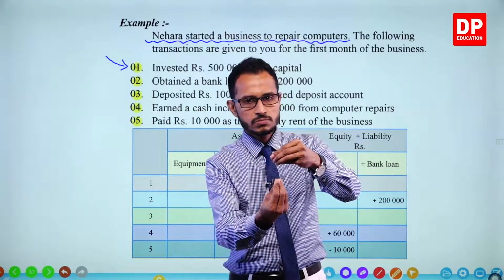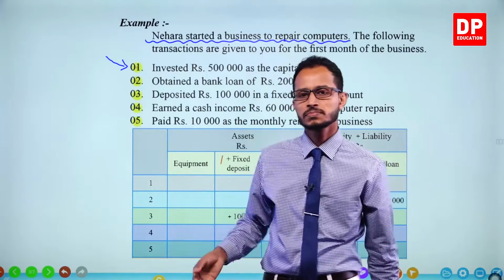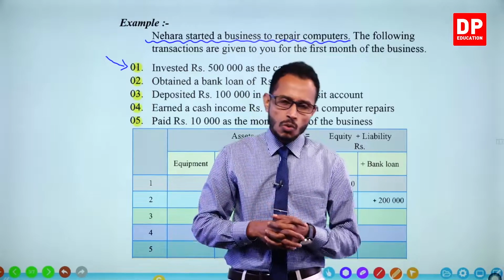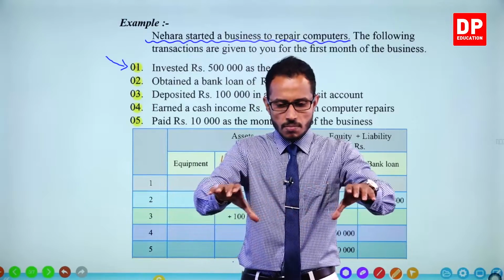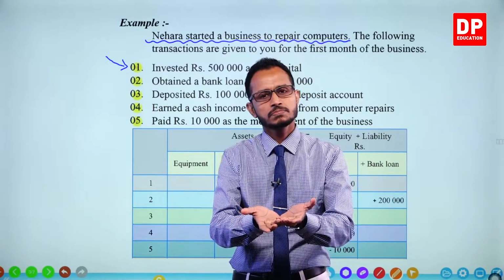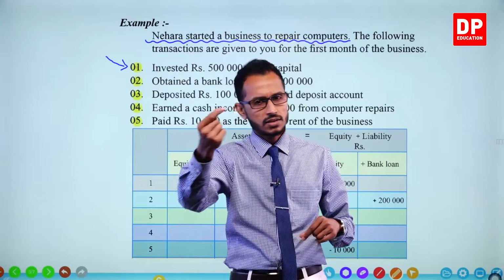Take this 500,000, 5 lakhs, go and deposit in the bank account. Easy, right? Safe. Or if the owner advises us to keep the money in the cash till, we can keep the money in the cash till. Whatever. We get cash from the owner.